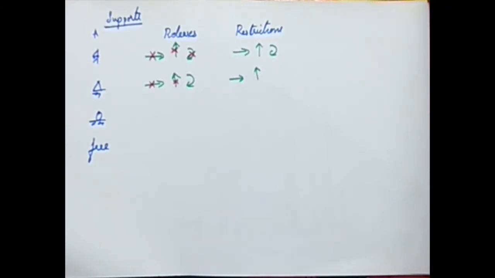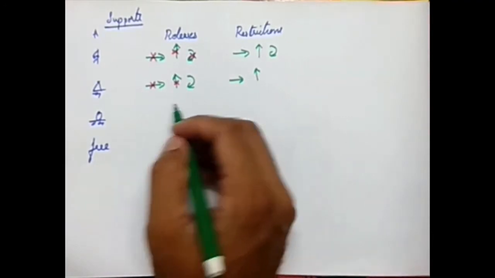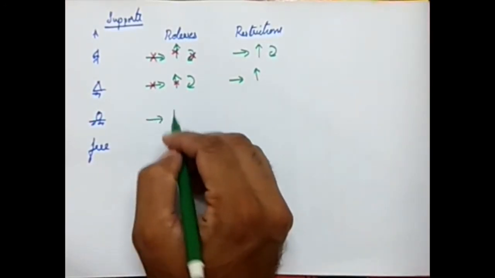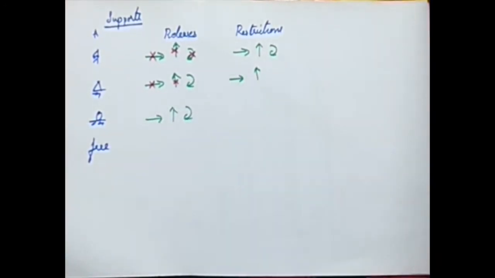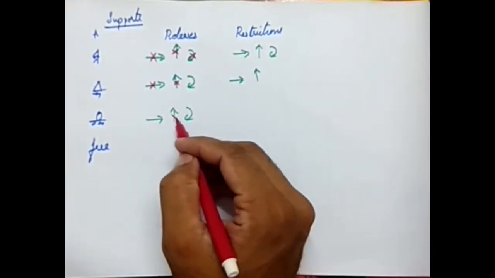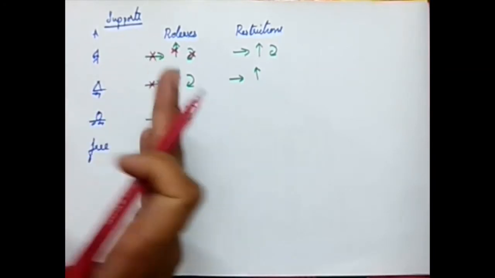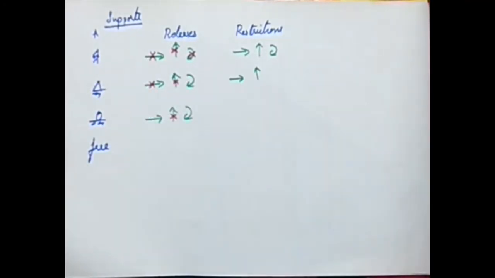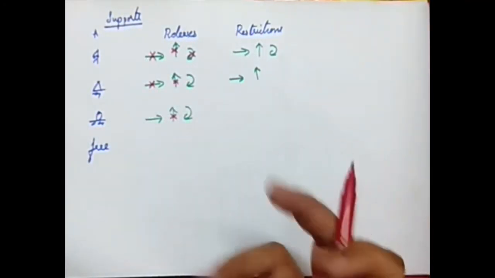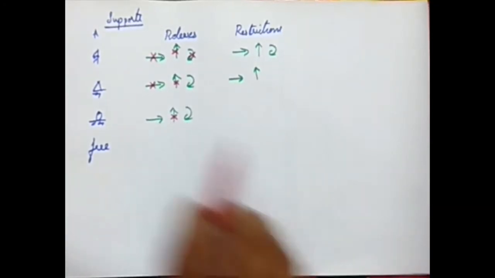When we are considering a roller, it is more like a tire of a vehicle. Among the three, the vertical movement is restricted. The vehicle can freely move in the horizontal direction and it can freely rotate, so these two are allowed and this is restricted.